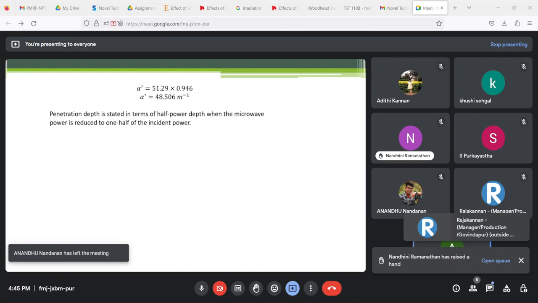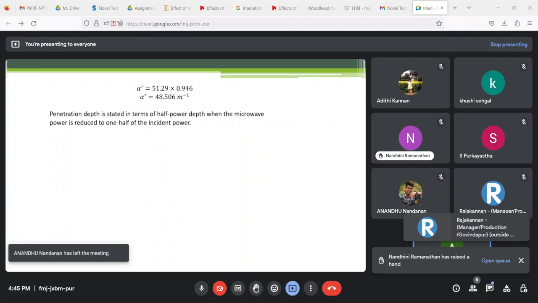What you send initially and what the food receives at the center might not be the same, because energy is being continuously lost. Penetration depth is basically the depth in the food till which you can feel the microwave intensity. Let's say if your microwave intensity is able to travel 5 centimeters, then penetration depth is 5 centimeters. That's what it means: how much the microwave is penetrating inside the food.